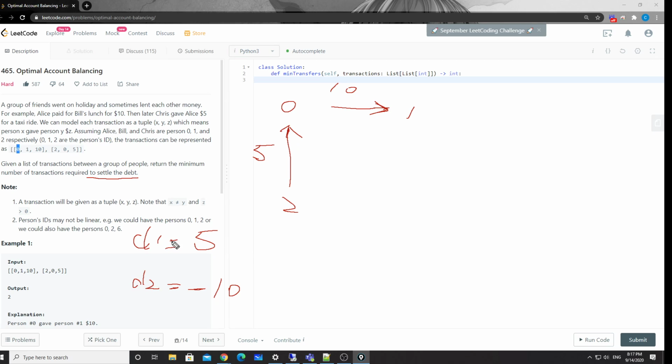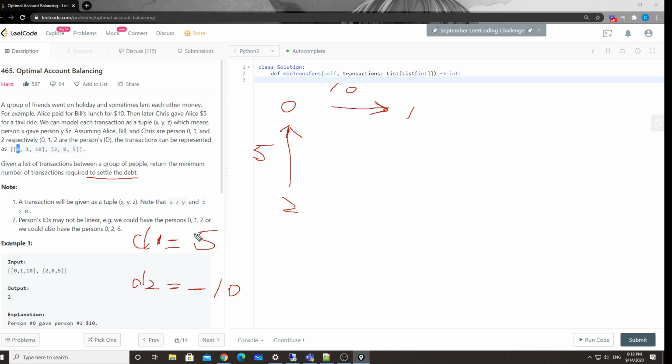Our approach is that every time we have two persons that we can settle between, we use the current one and settle it against the other.